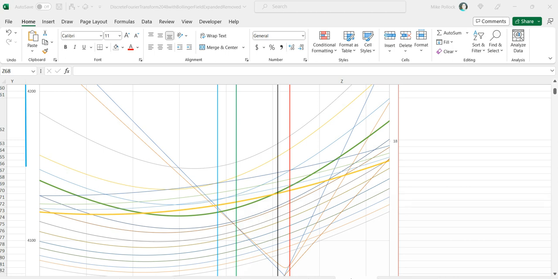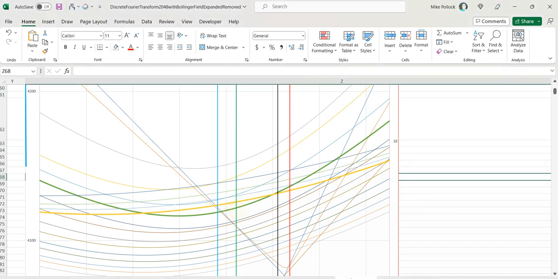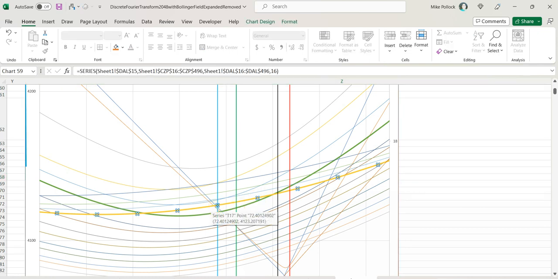Now, the other part, the determining principle, you might say, is where it intersects with the smallest thickness eclipse. That's this right here. That gives you the 17. I mean the 7.